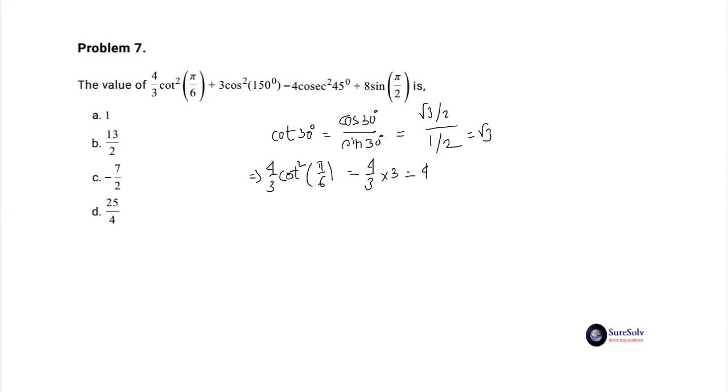So, 4 by 3 cot square pi by 6 equal to 4 by 3 times 3 equal to 4. To evaluate the second term, you need to use supplementary angle relation cos 90 degree plus theta equal to minus sin theta, and the second term becomes 3 cos square 150 degree equal to 3 cos square 90 degree plus 60 degree equal to 3 sin square 60 degree equal to 9 by 4.